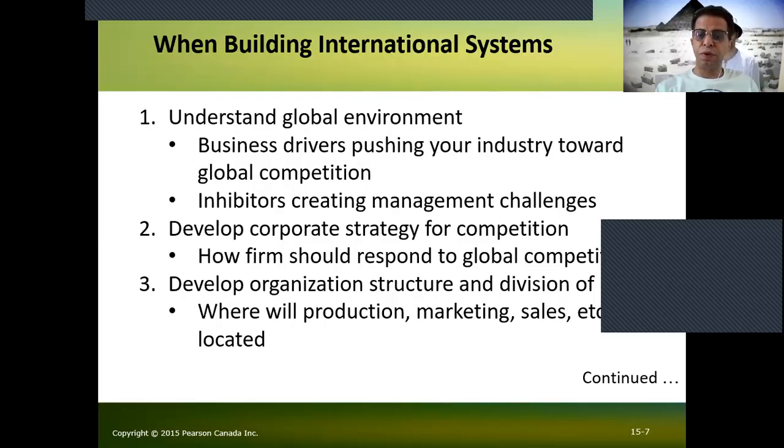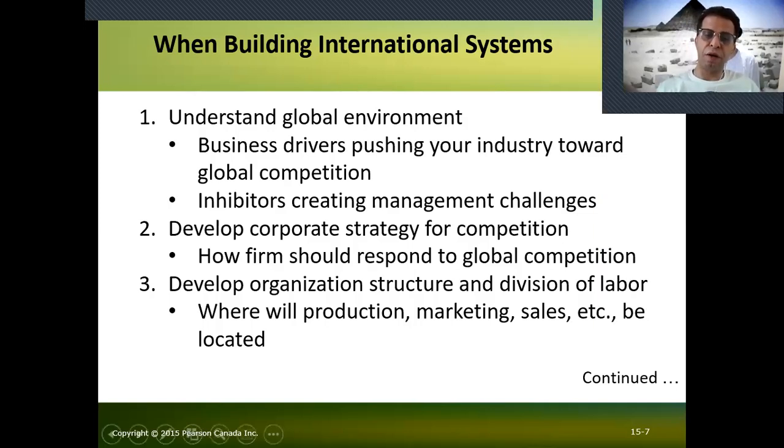So when we're building an international system, we need to understand the global environment: business drivers pushing your industry toward global competition and inhibitors creating management challenges. These are two things that we need to understand.